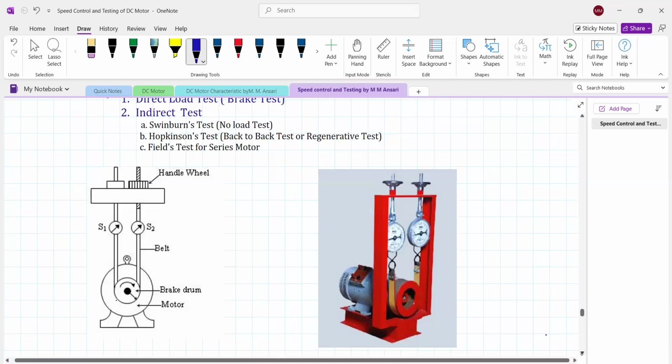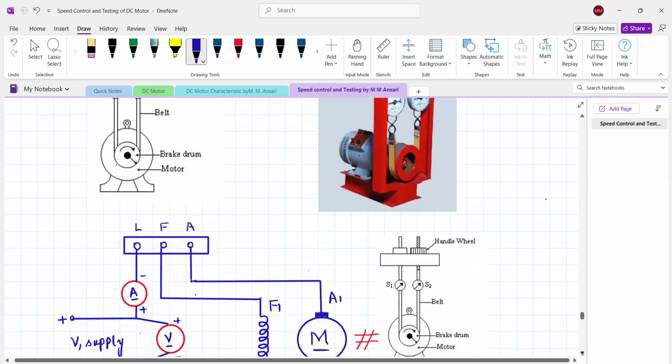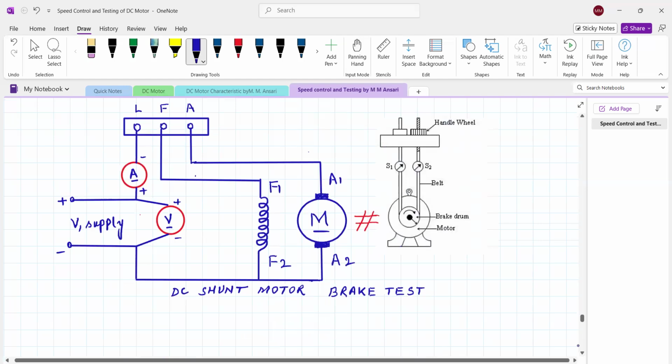So first we will see how to apply the direct load test for the DC shunt motor. Here one can use the DC shunt motor or series motor or a compound motor. So this is the diagram of the DC shunt motor. This is the armature.